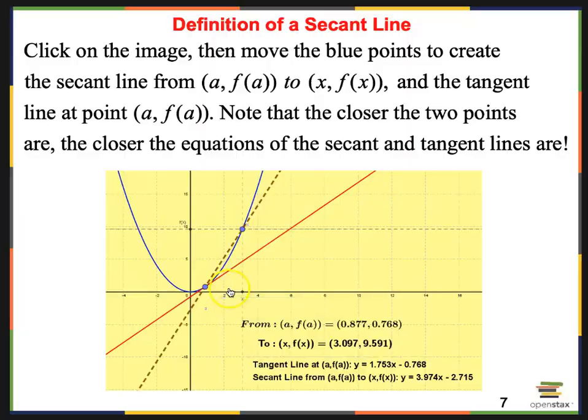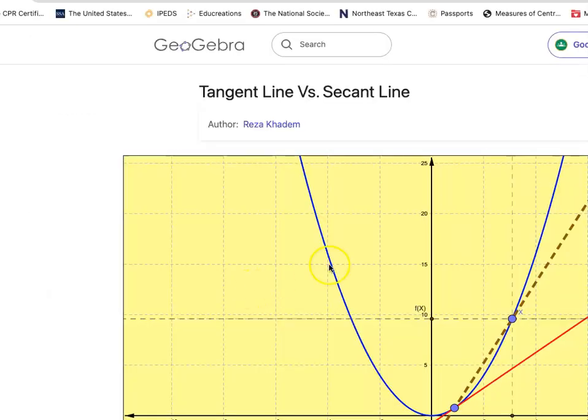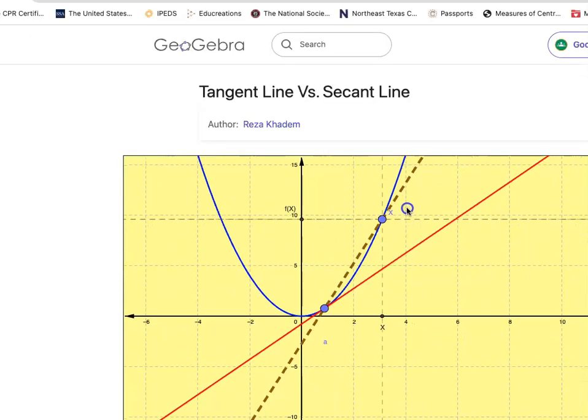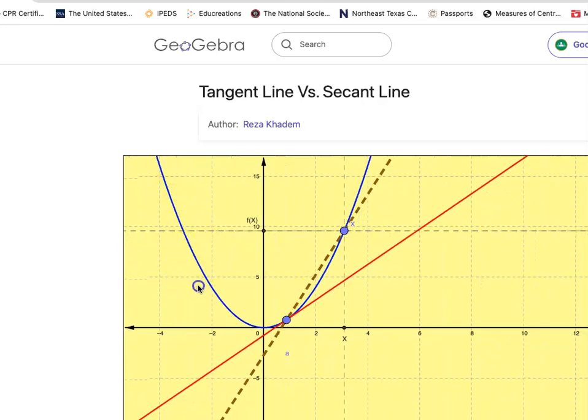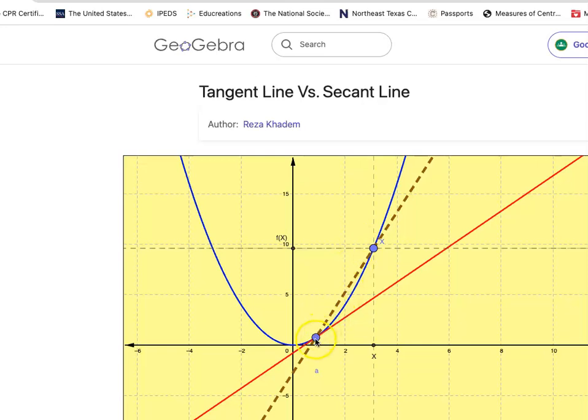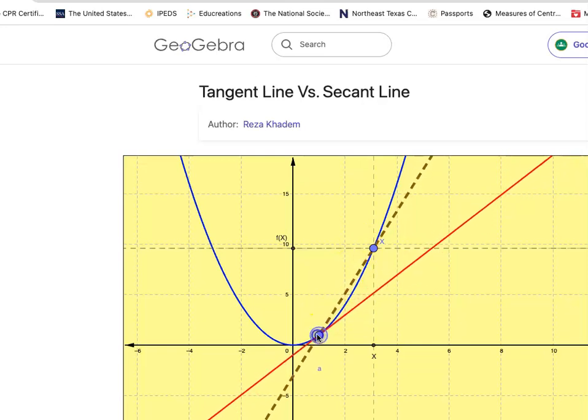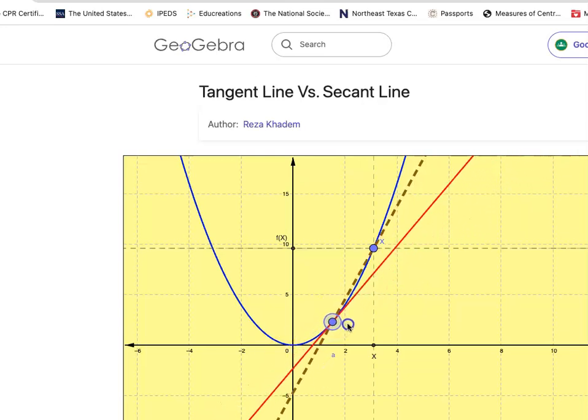So let's see if we can look at this here. All right, so here we have our function. And as I move, again, here's my secant line, the dotted line, and you can see the red line is the tangent line. As we move these points closer and closer to each other, you can see our secant line and tangent line become the same line.